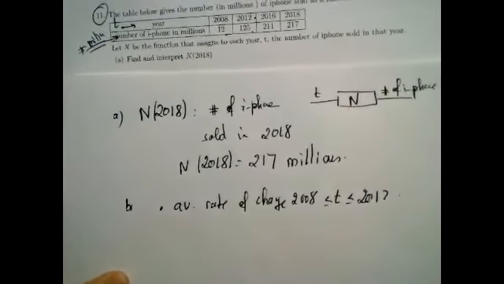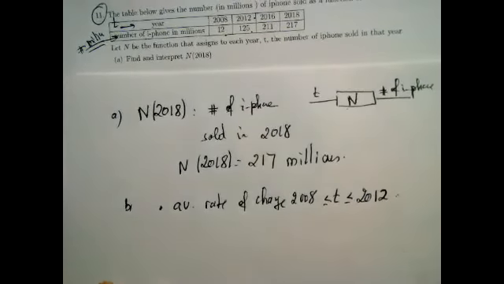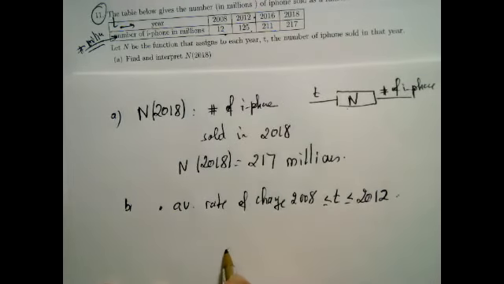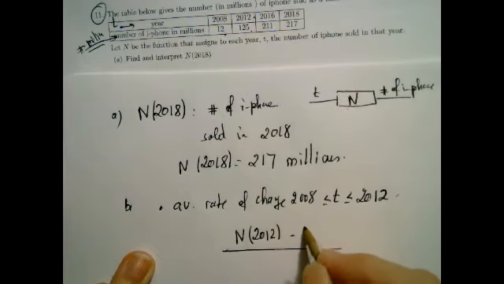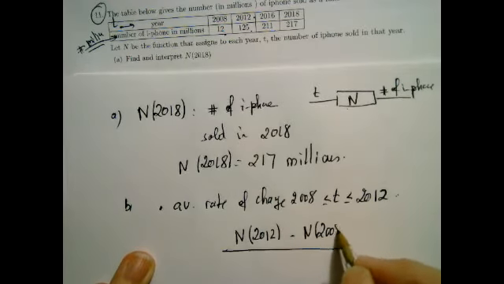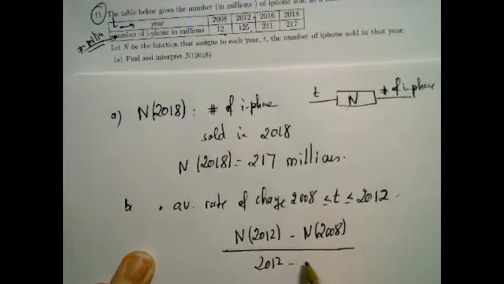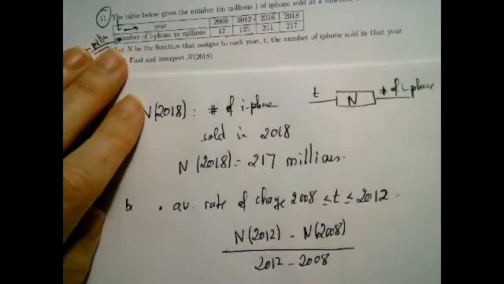All right, so between 2008 and 2012, what is the average? All right, so again, the formula is the number of phones sold minus the number of phones sold in 2008 divided by the change in time. Okay. That's the formula verbatim.